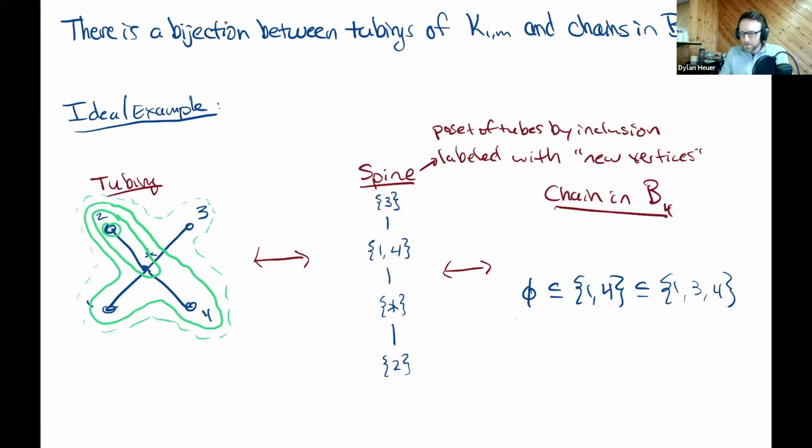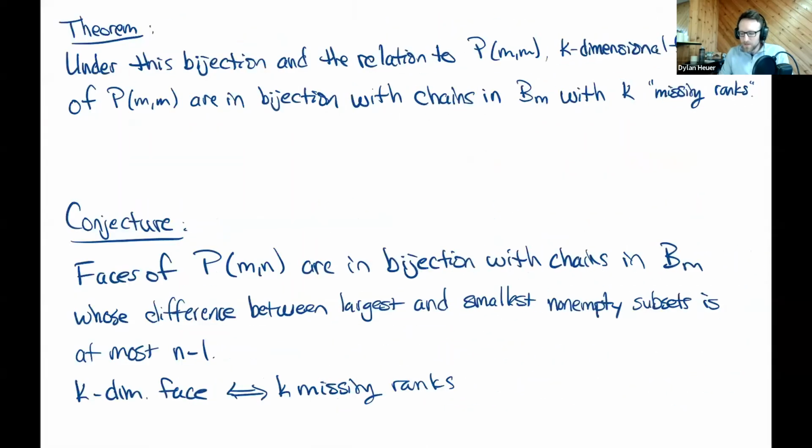And so if we have this bijection between these tubings of the star graph and chains in the Boolean lattice, through the mysterious connection I never really nailed down in this talk about how the partial permutahedron is a realization, we can characterize the face lattice of the partial permutahedron, through the relation to tubings, in terms of chains in the Boolean lattice, which I would argue are maybe more familiar combinatorial objects.